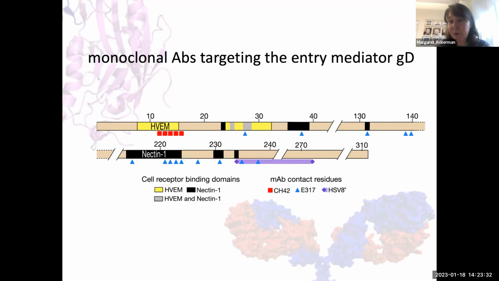I'll be talking about 3 different antibodies: CH42, which is a non-neutralizing antibody that recognizes the herpes virus entry mediator region shown in yellow; E317 or UB621, shown in blue, which recognizes the footprint that gD uses to interact with nectin, another cellular receptor; as well as HSV8.